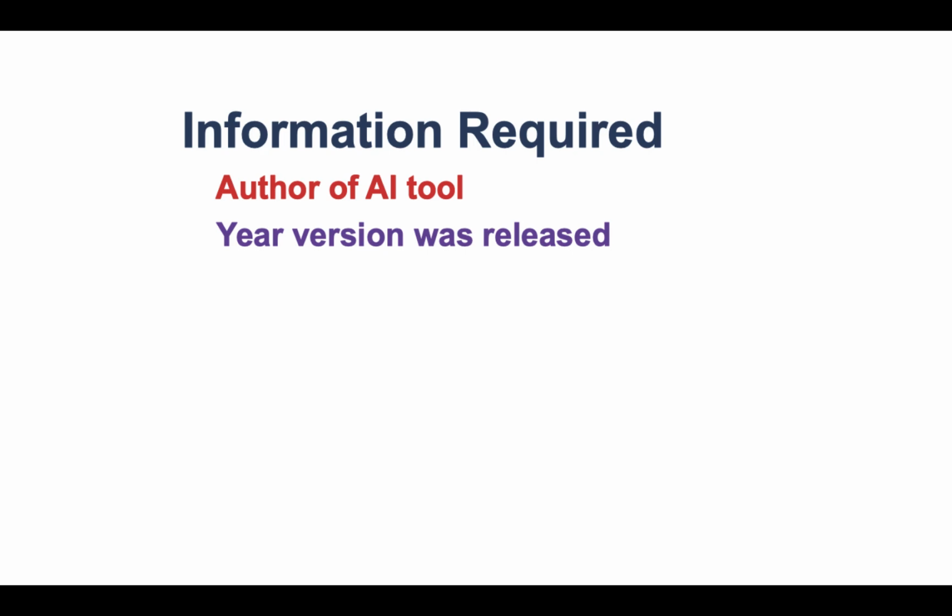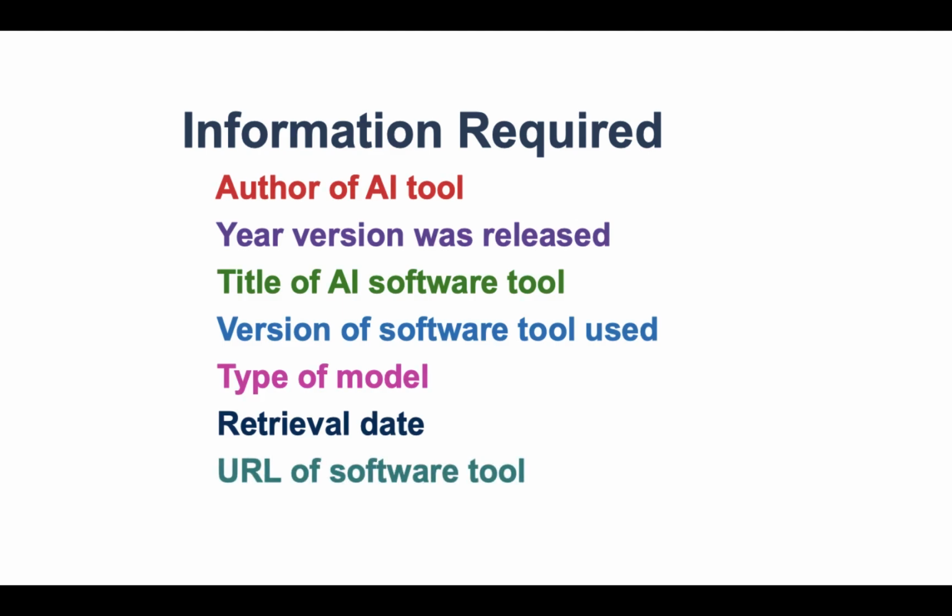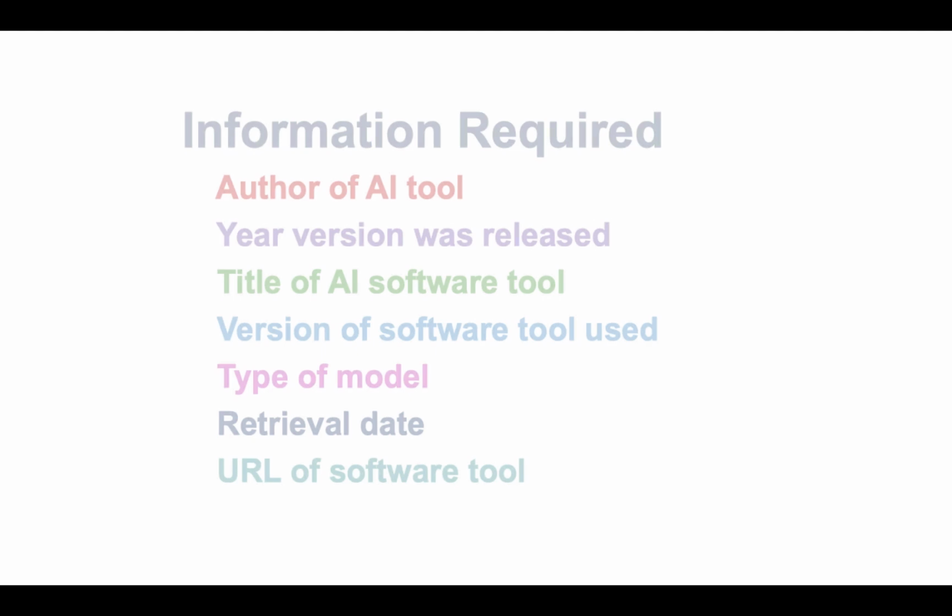You will need the author of the AI tool, that is, the software company that created it, the year the version of the software you used was released, the title or name of the tool that you used, the version of the software that was used, the type of model being used, for example, large language model, the retrieval date, that is, the date you used the tool to generate the text being referred to, and the URL that links to the AI software tool as directly as possible.